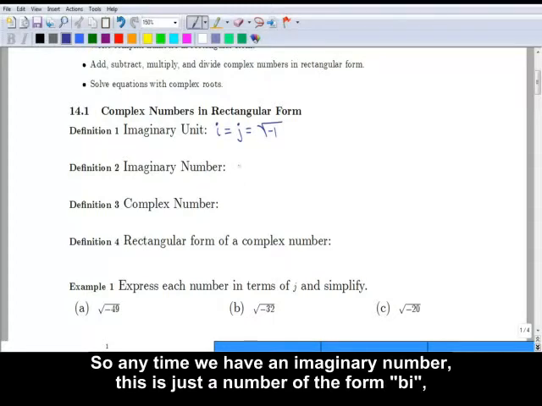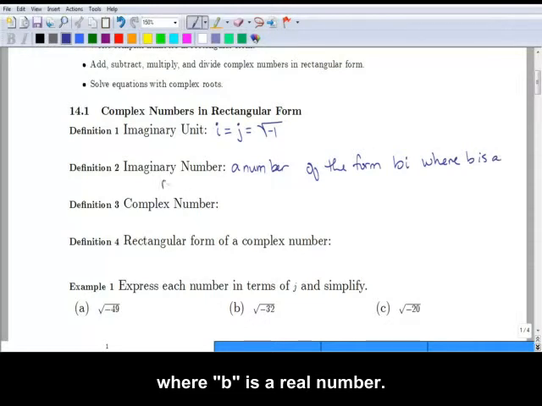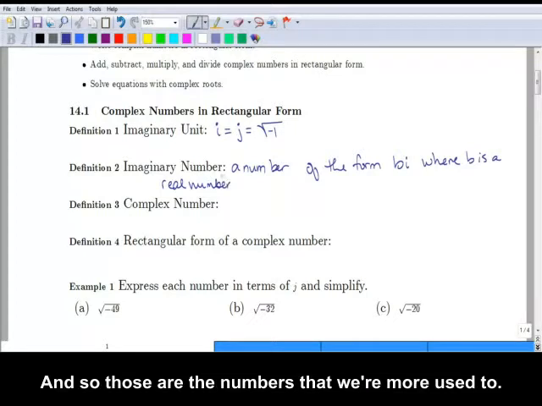So anytime we have an imaginary number, this is just a number of the form bi, where b is a real number. And so those are the numbers that we're more used to.